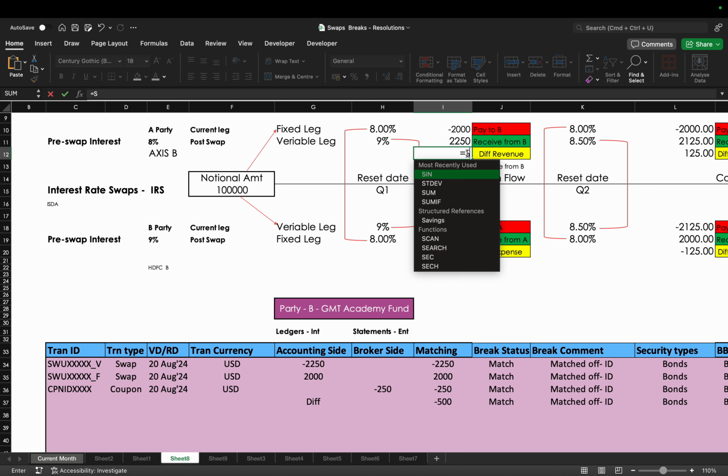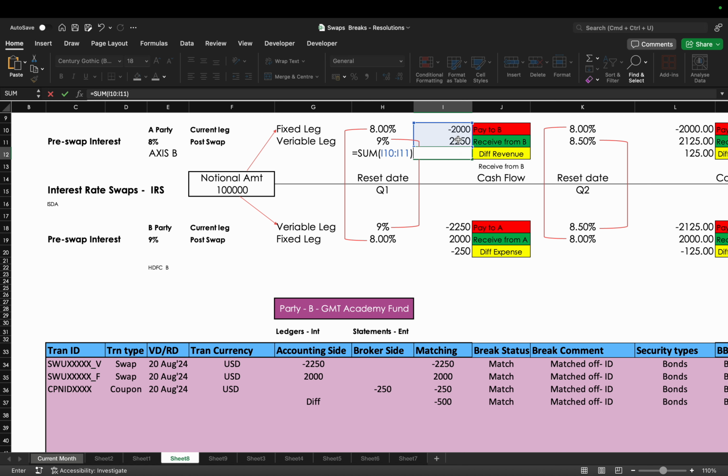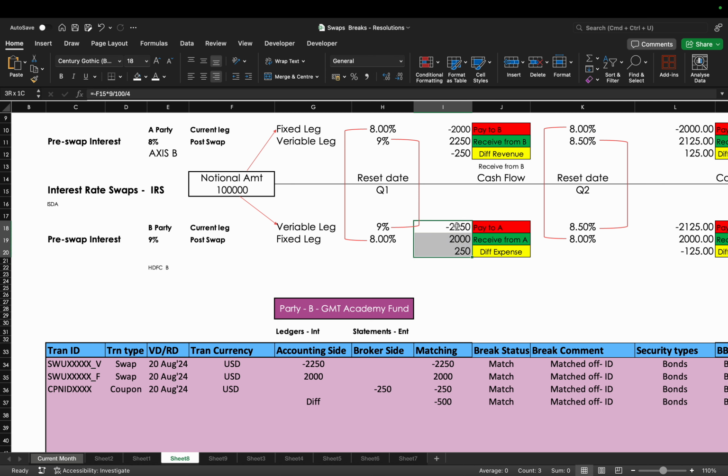Let me calculate again, which is 250. The counterparty will settle the difference of only 250, but it should tie with each other. So this should also be minus, just for reconciliation purposes. Now it will net down to 0.